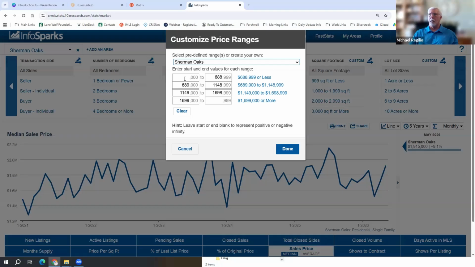And if you want to do like 0 to 400, 401 to 500 or 550, depending on your price ranges, you can go ahead and do that.